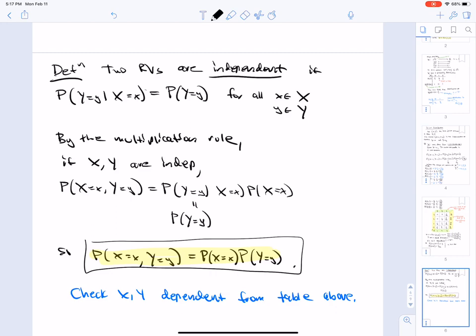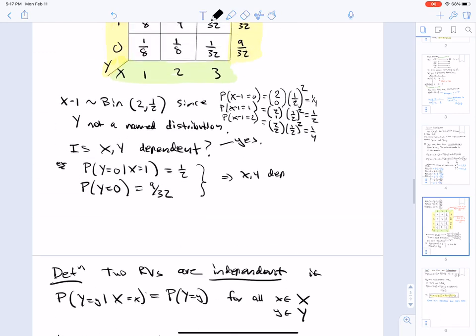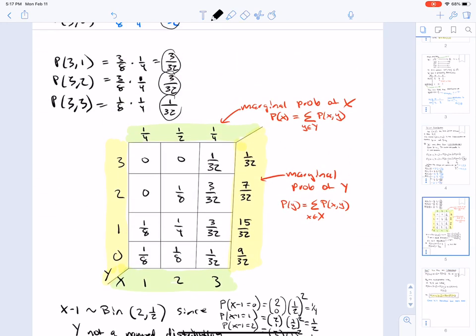And you can check from the table that this is dependent because, for example, the marginal probability of a quarter times the marginal probability of 1/32 does not equal 0.